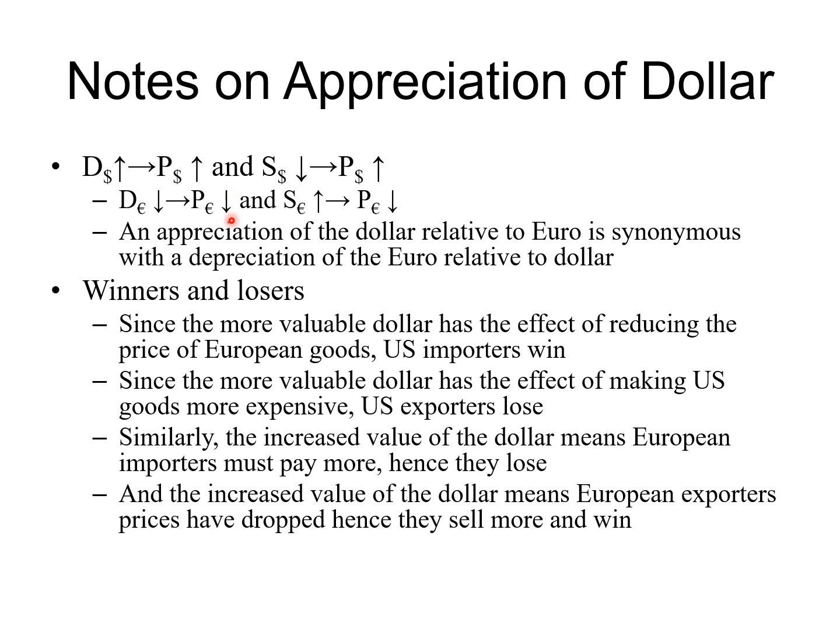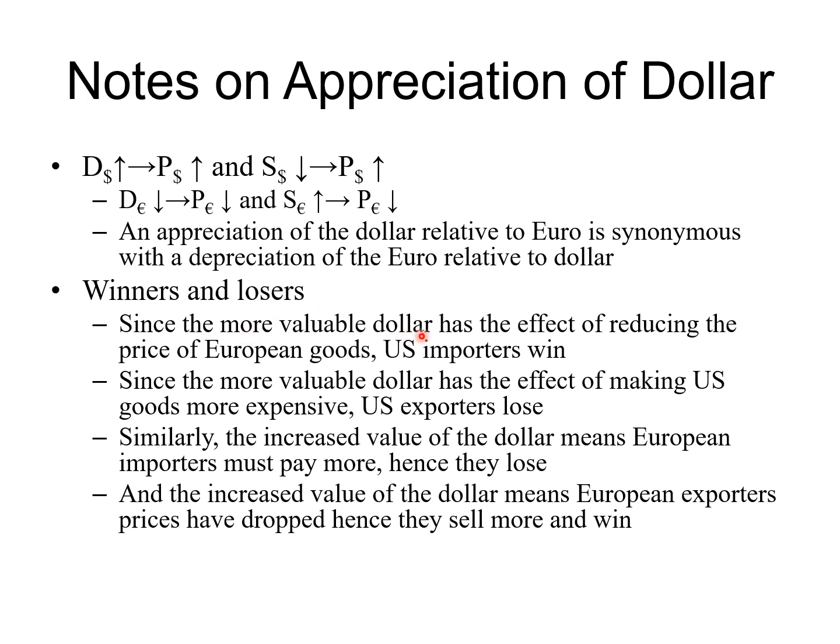Therefore, the price of the euro is going down, or the supply of the euro goes up, the price of the euro goes down. And this is just what we were talking about with the graphs. An appreciation of the dollar relative to the euro is synonymous with a depreciation of the euro relative to the dollar. They are reciprocal.